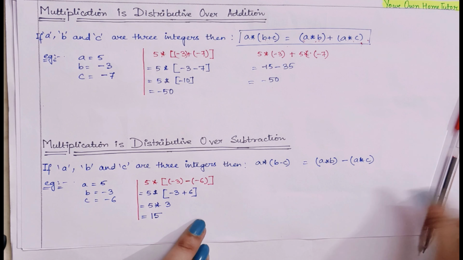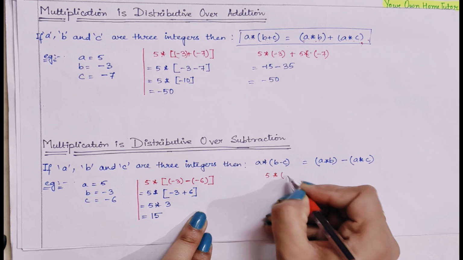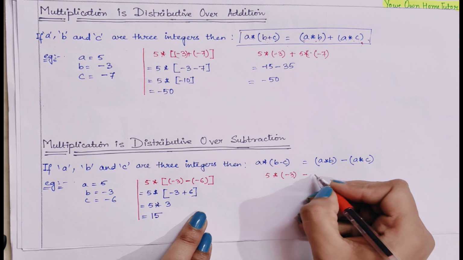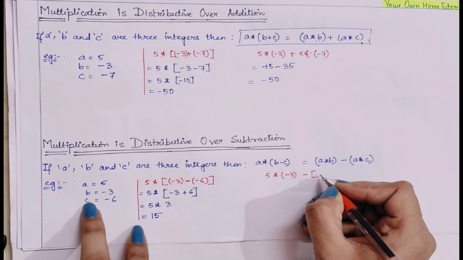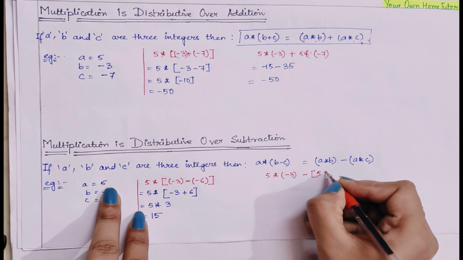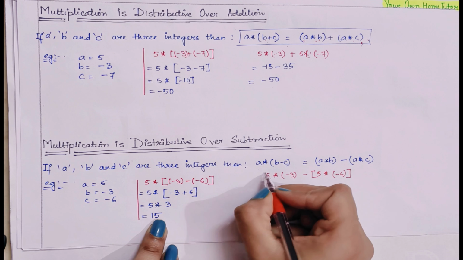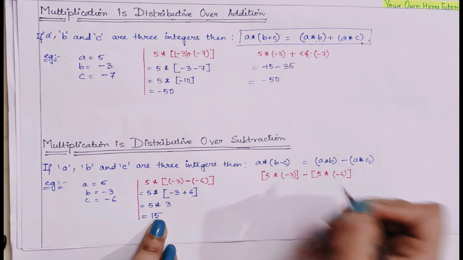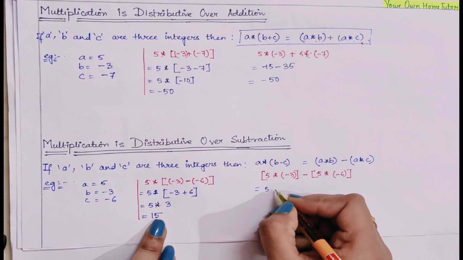If I go here and write in this pattern, then it will be a into b minus a into c. It is better to use third brackets or square brackets so that we don't make mistakes while multiplying signs.